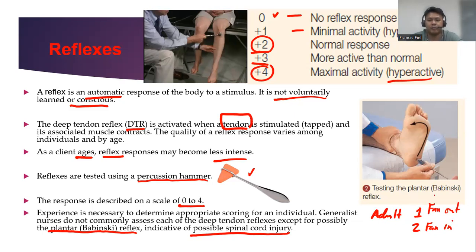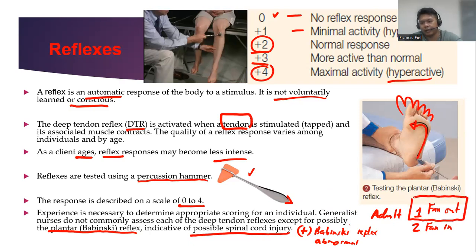A positive Babinski reflex means abnormal, or there is a spinal cord injury. When you stroke the edge of the hammer along the foot, does it fan out or fan in? Alright? So, the abnormal is your fan out.